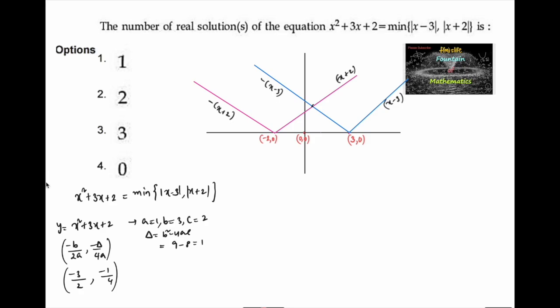So we can consider the vertex is here. And since the coefficient of x square is positive, the curve will open upwards. And let us consider x square plus 3x plus 2 equal to negative of x plus 2.